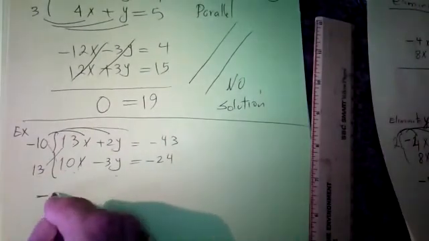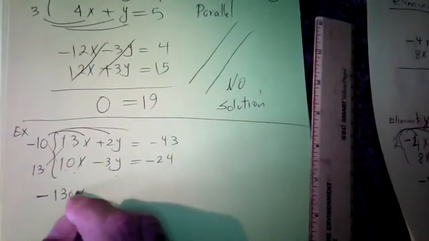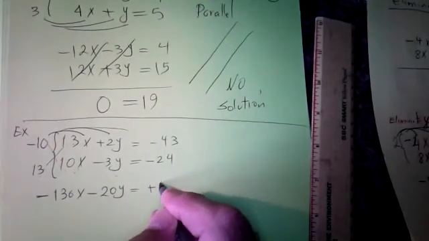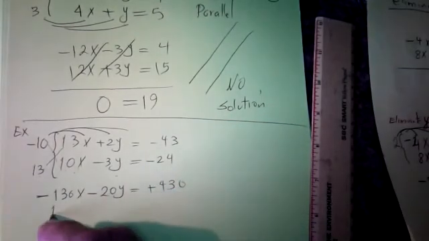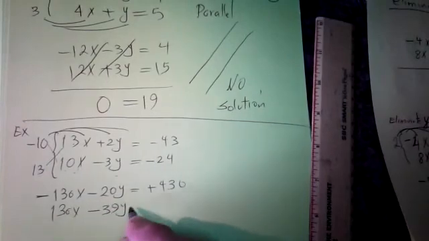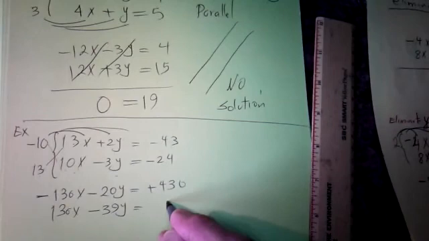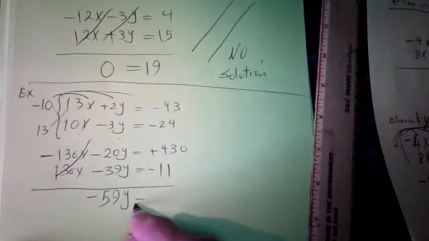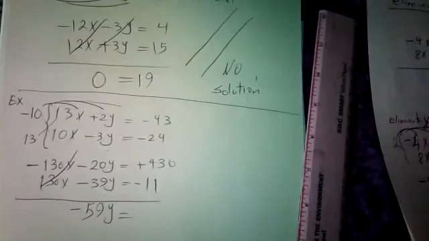So it would be minus 130x minus 20y is positive 430. And 130x minus 39y is minus 11. This cancels. Minus 59y is equal to 430 minus 1.